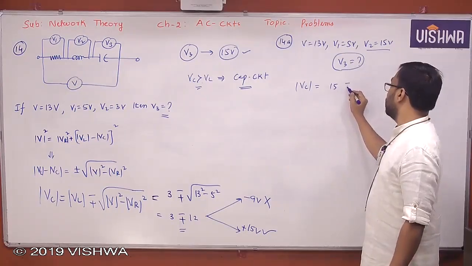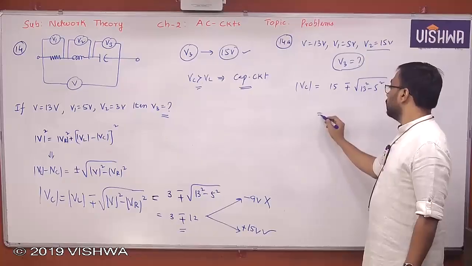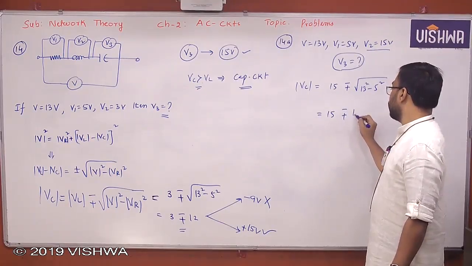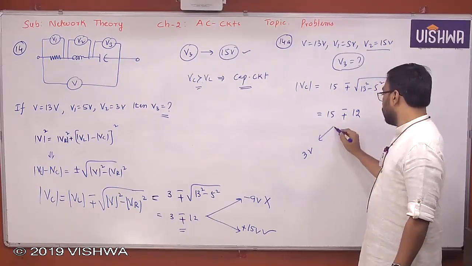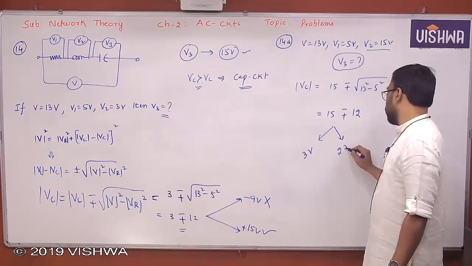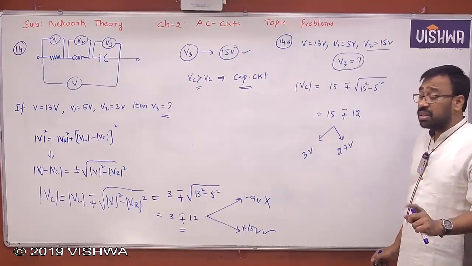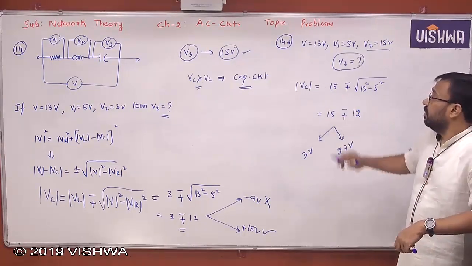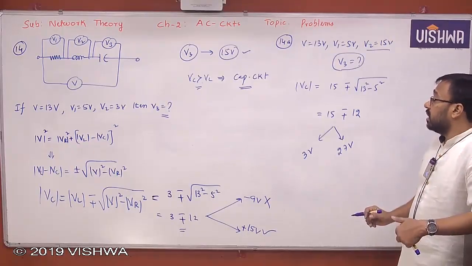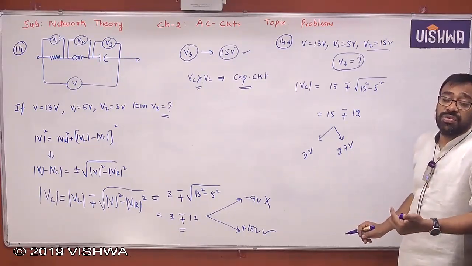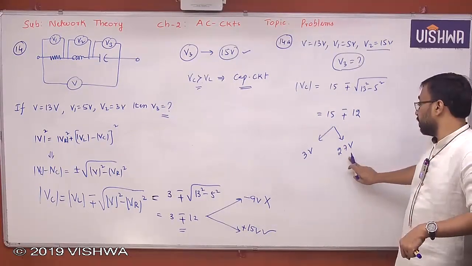So 15 plus or minus the square root of 13 square minus 5 square, that is 15 plus or minus 12. So you got two values: 15 minus 12, that is 3 volts, and 15 plus 12, that is 27 volts. That means there are two possibilities for the voltage V3 across the capacitor: 3 volts and 27 volts.